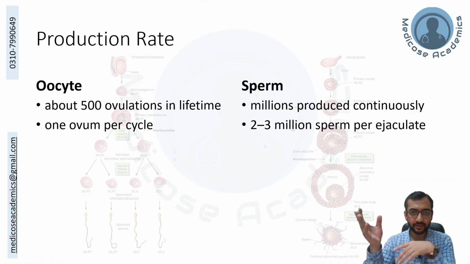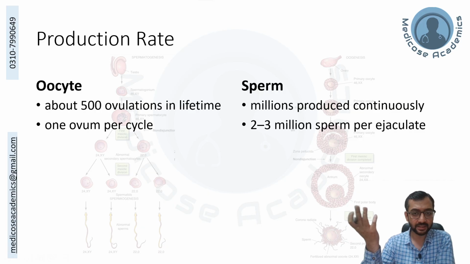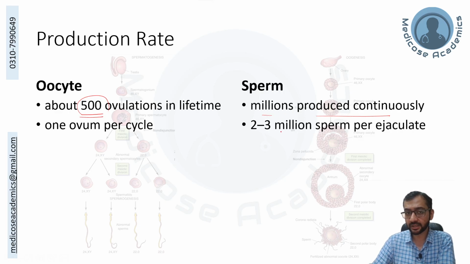If you take an average, you get about 500, maybe somewhat more or less, ovulations in a lifetime. So this is a highly selective process. You started with a very big number and you got to a very small number. These are the best ones that get out, once per cycle, as opposed to millions produced daily and constantly, and per ejaculate you have 2 to 3 million sperms.